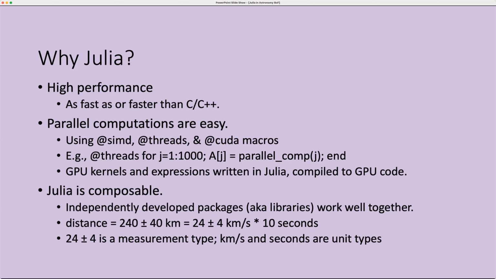You can use @threads, which will take a for loop and run each iteration of that for loop in a separate thread. So if each iteration of the for loop can be parallelized, you can just parallelize it right there with a simple @threads. You don't have to know anything about parallelization or multi-threading. It just does it for you. I have a 16 thread machine on my desktop, and I get a factor of 16 improvement, just like that, very quickly.